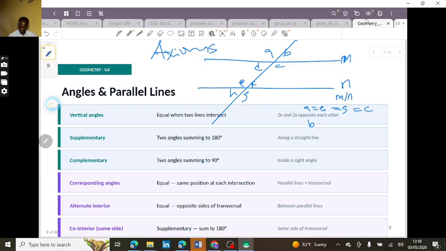So B equals what? B equals F, right? F equals H, and H equals D.